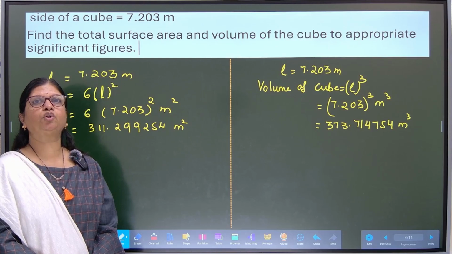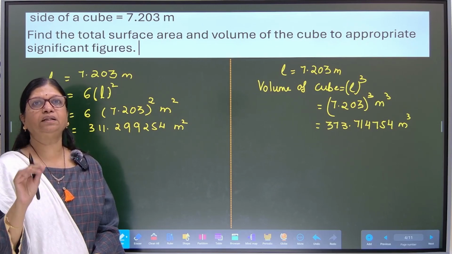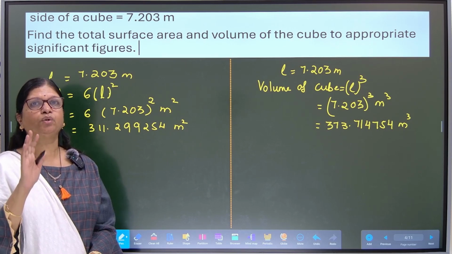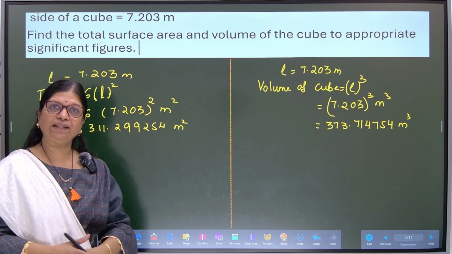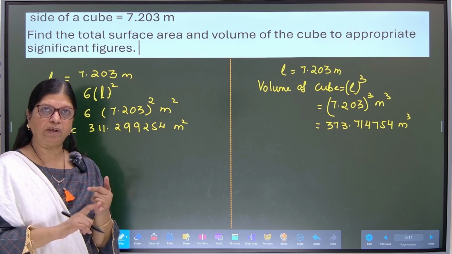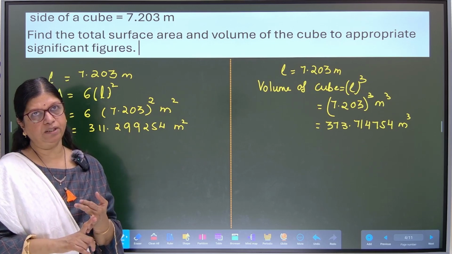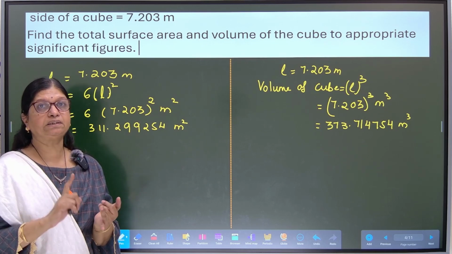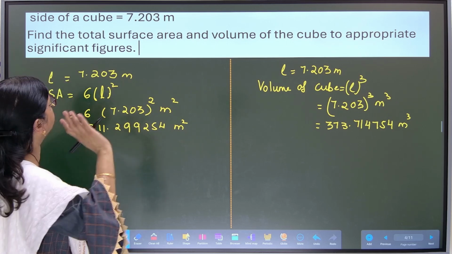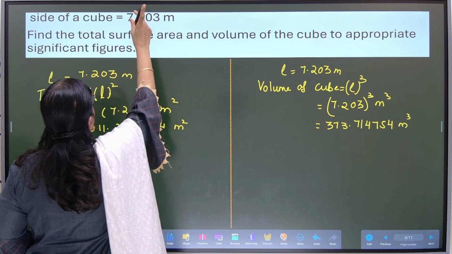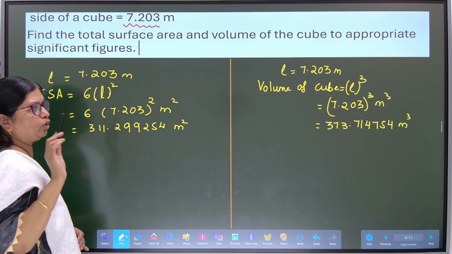Now let us solve a numerical such that we round off our answer, or the reported measurement, to the appropriate significant figures. So for getting the appropriate significant figures of multiplication or division, what is the rule? After multiplication, the answer should have the same significant figures as the least data. Now here our data is only one single data, that is 7.203, the length of the side of the cube.